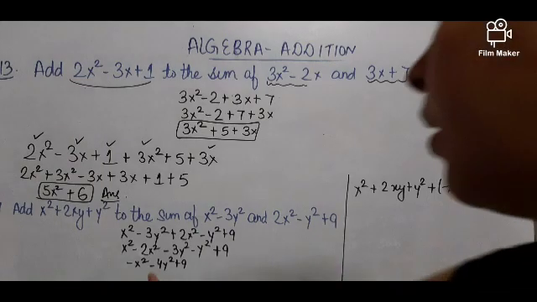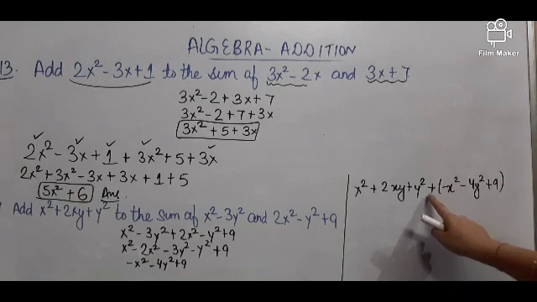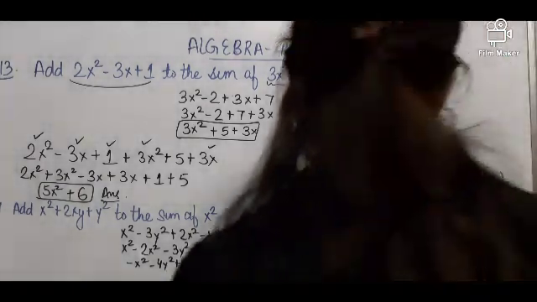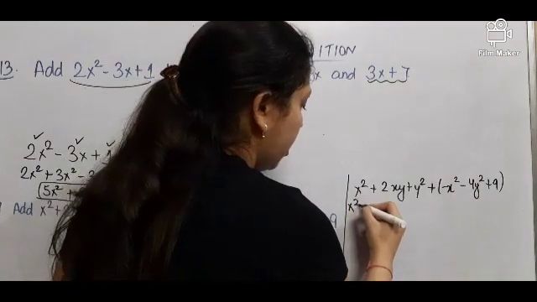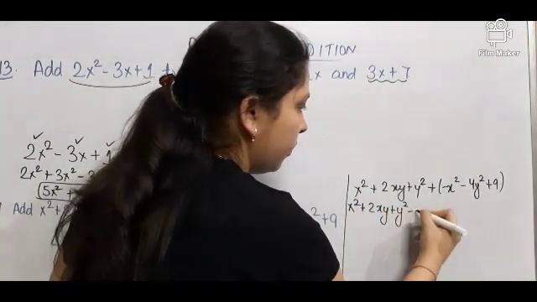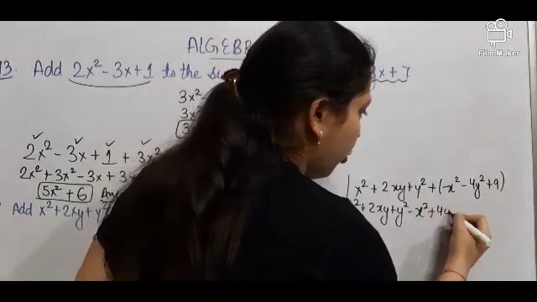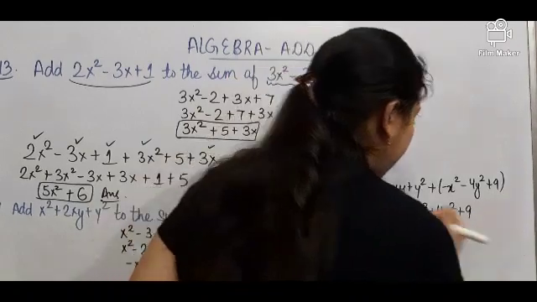Because our first term is preceded by a negative sign, so I write this term in bracket. Now see this, the whole bracket is preceded by positive sign, so there will be no change in the bracket. We'll write it as y square minus x square plus, minus 4y square and plus 9.